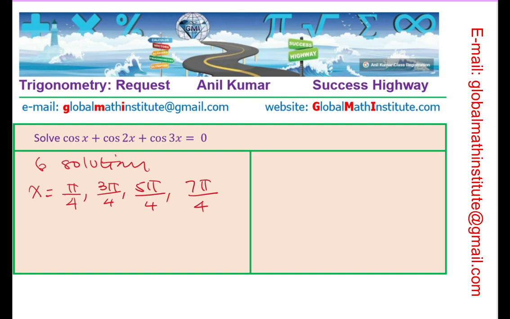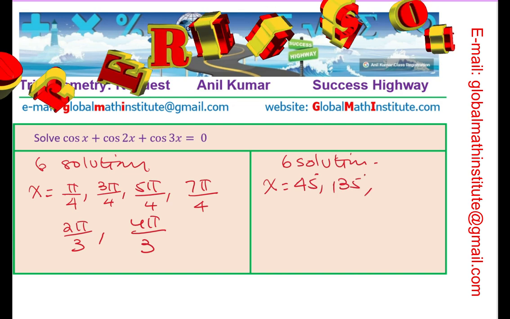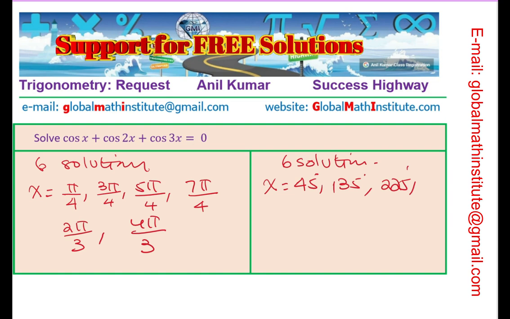And 60 degrees, which is 2 pi by 3, quadrant 2, and 4 pi by 3 in quadrant 3. So those are all the solutions in radians, and 6 solutions in degrees will be what? So x is 45 degrees, 135 degrees, 225 degrees, and 315 degrees, correct? Plus those 60 degrees, 120, and 240 degrees.